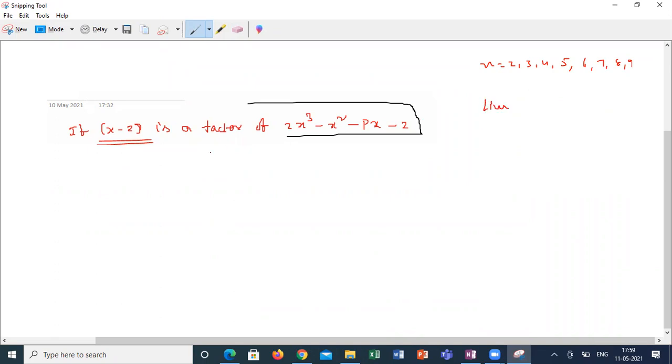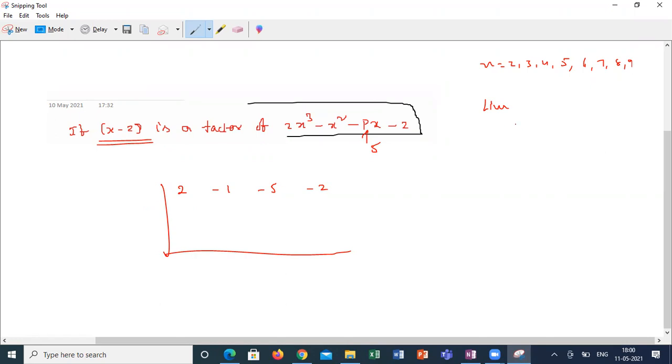Any polynomial divided by any linear polynomial only, I can apply this method. So first collect the coefficients. The coefficients should be in order. Suppose it is a cubic equation. What are the coefficients here? Cubic coefficient is 2. Square coefficient is minus 1. x coefficient is minus 5. Constant is minus 2.